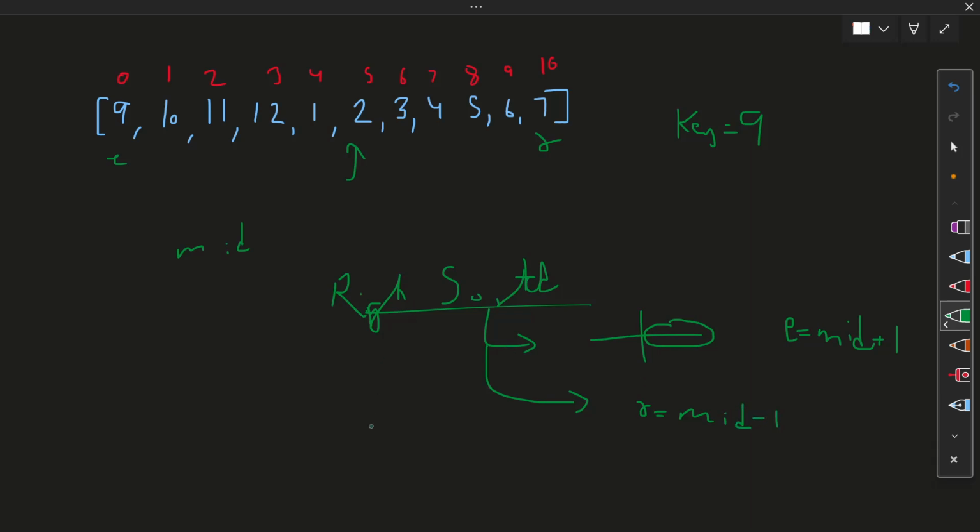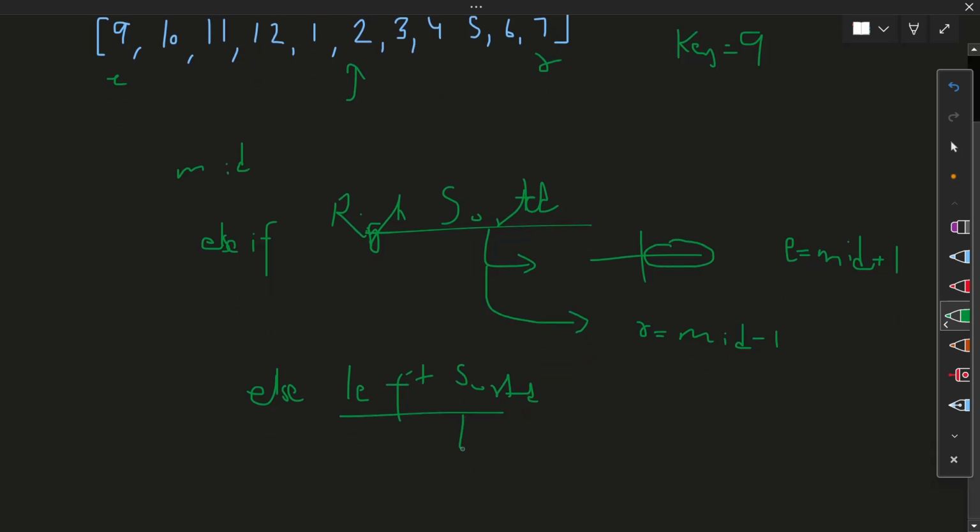So we will move to left hand side, middle -1. We have already checked with the middle value. So this is the else if block. In the if block we need to check with the middle value. Then we have the else block. Else block means our left hand side is sorted. If left hand side is sorted, then we need to check, is our key present on left hand side?